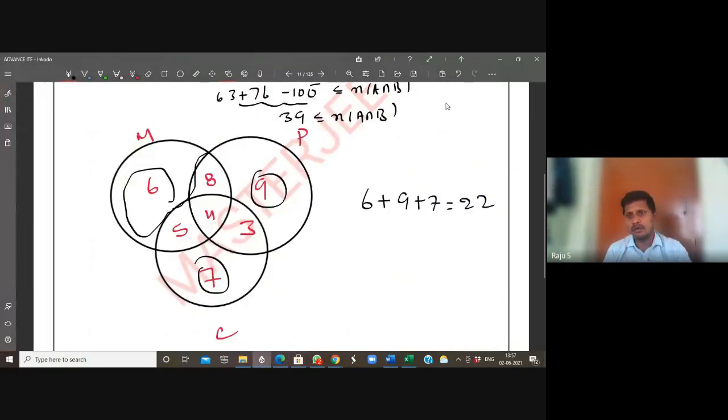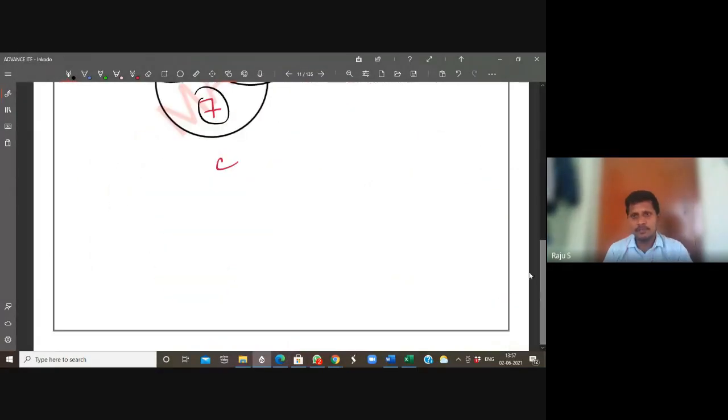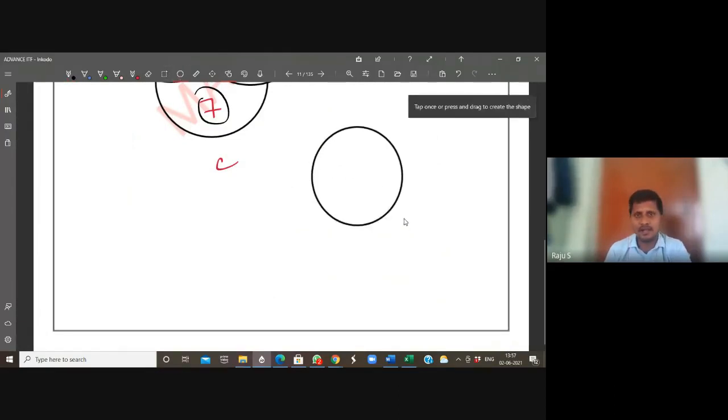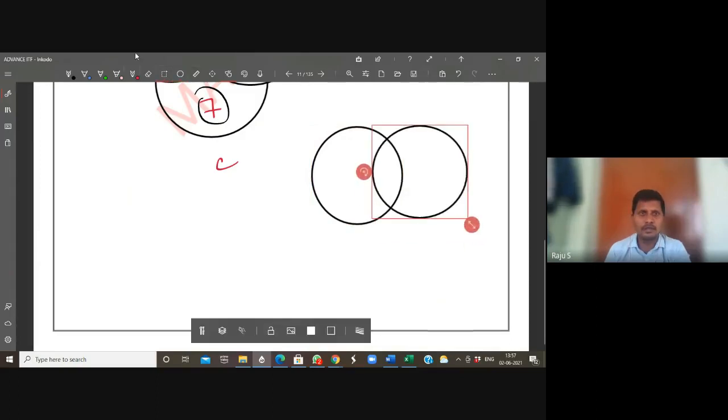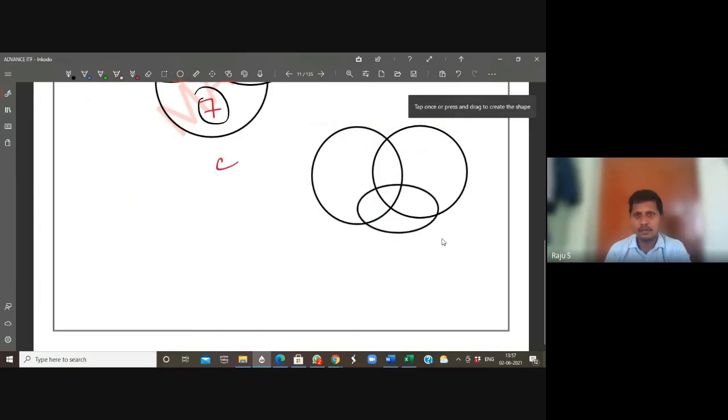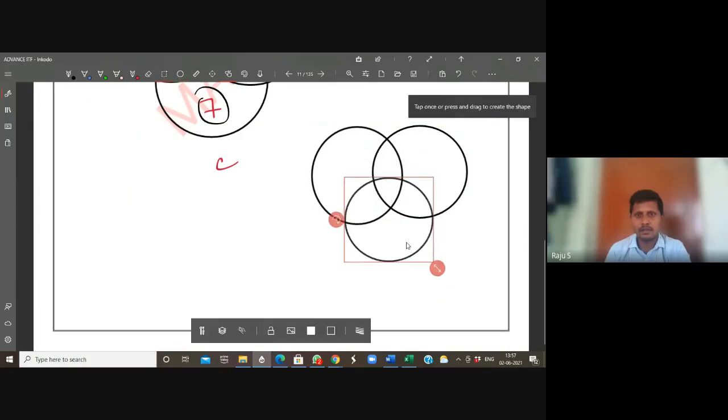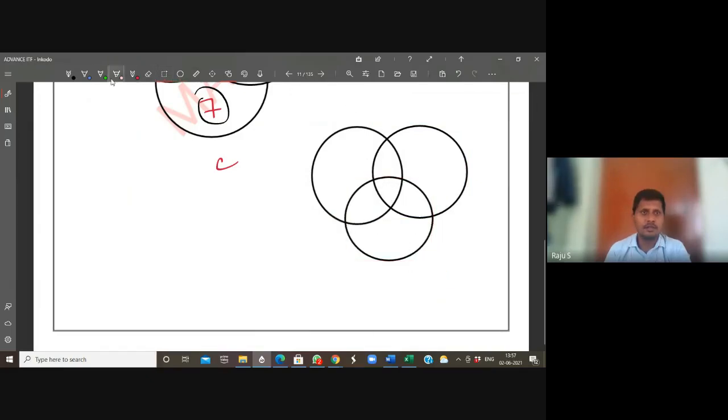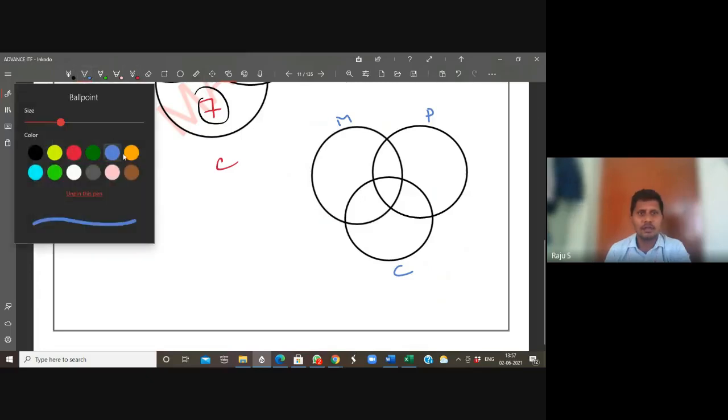Students, it is not at all difficult. There are 3 sets, so it will be the same Venn diagram. It is better to apply a Venn diagram or else the formula also. Your wish. Right, so this is maths, physics, chemistry.